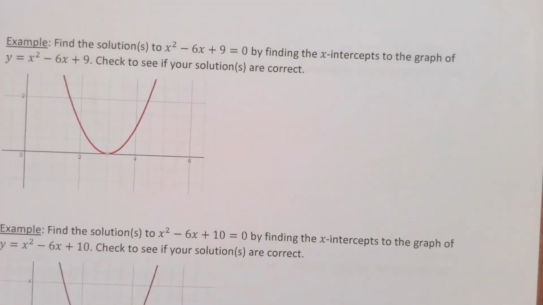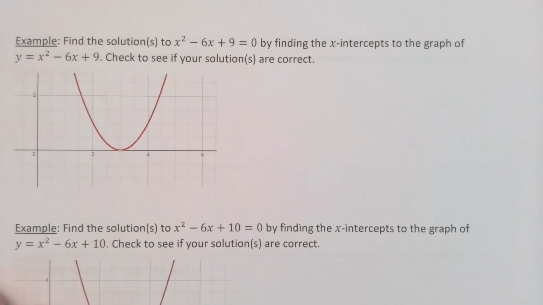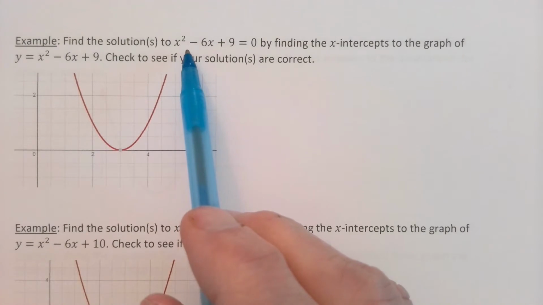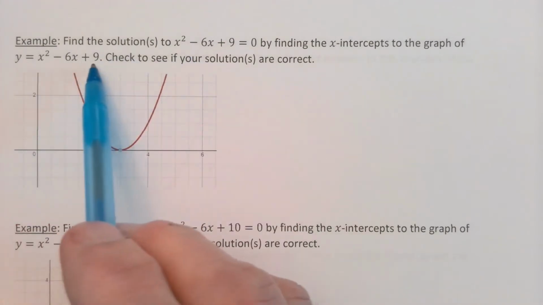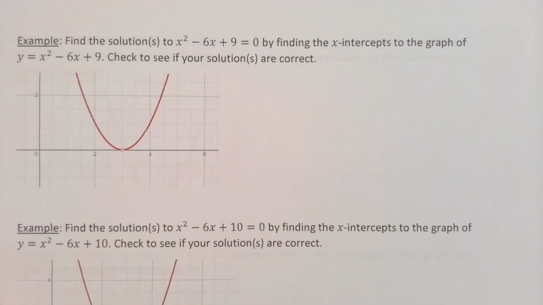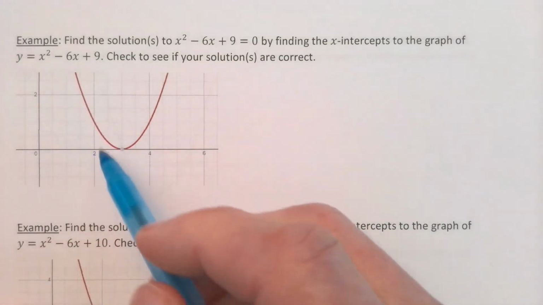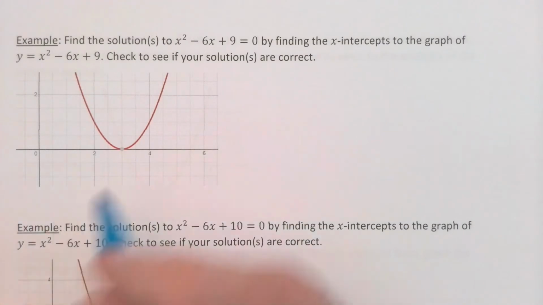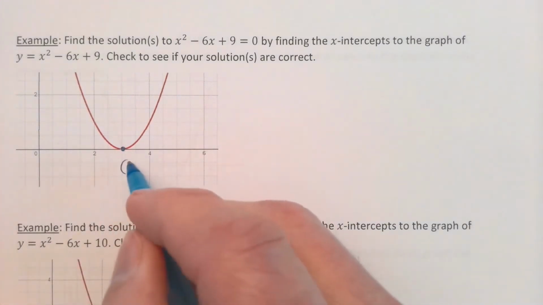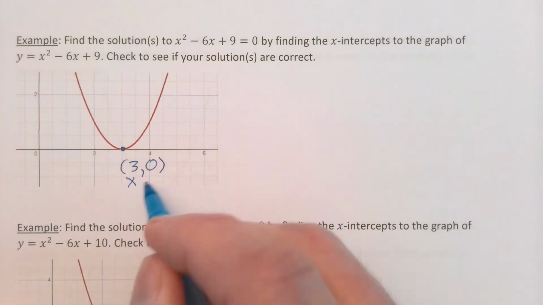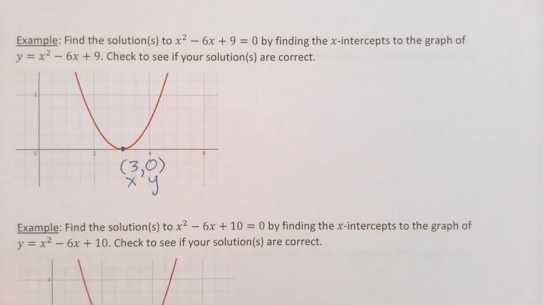Here's another example. We are to solve this standard form quadratic equation by graphing the associated parabola like this. Okay, the work has already been done for us. We did it on Desmos this morning. Now, this parabola sits up a little bit higher than the previous example, and it only has one x-intercept. That x-intercept is (3, 0). And so, if we did everything right, that 3 should be the one and only one real solution to this quadratic equation.